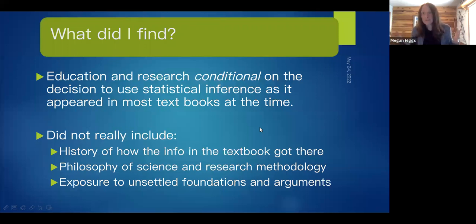I'm generalizing a lot here, so I know it's not always the case, but philosophy of science seems to be getting pushed out to make room for things like computing and statistical methodology. There's very little exposure to unsettled foundations or arguments, which is what I was looking for. I wanted to know what people argue about before it ended up in the textbook.